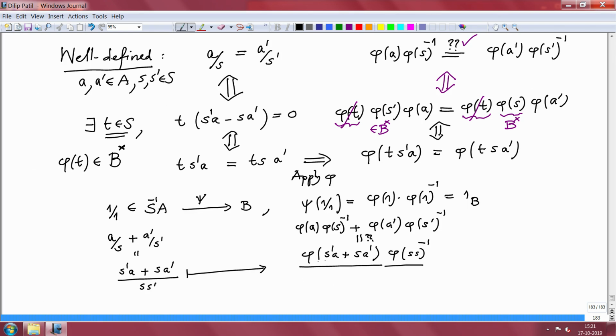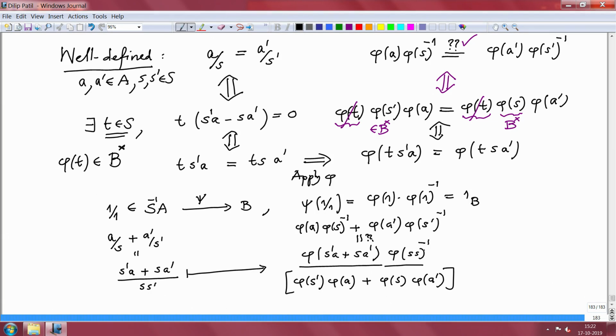So this I will expand: phi of S prime phi of A plus phi of S phi of A prime, and the whole thing multiplied by phi of S S prime inverse.